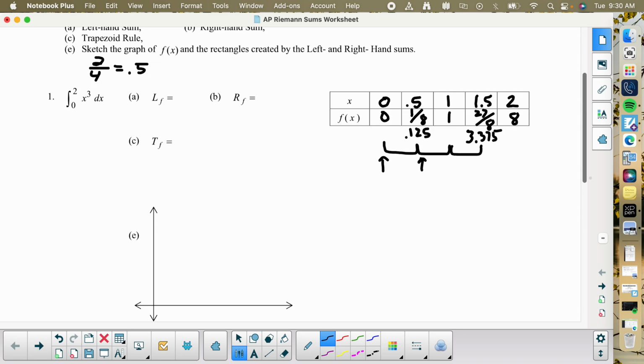Third rectangle, fourth rectangle, and we would basically choose the first 4 numbers. So our first 4 heights would be 0, 1/8, 1, and then 3.375.